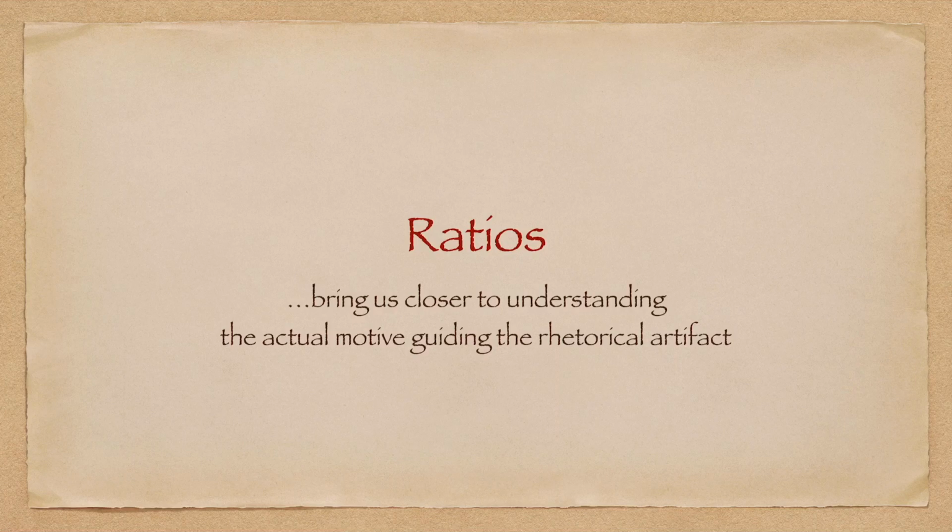It's going to be one aspect of this drama that is overarching and influencing the others, and especially one particular other aspect of the drama. And your job as a critic is to ferret out those motivational structures that are present in the artifact by identifying the drama and isolating the ratio that most defines that drama.